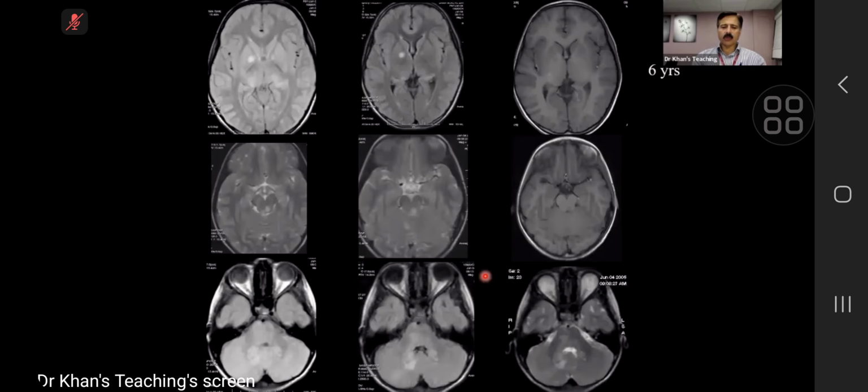In the viva, whenever you get a case of NF1 or NF2, you must say that I want to scan whole of the neural axis with contrast. Please remember, things like neurofibromas of the spine, etc., you might miss without contrast. So that's a key point.